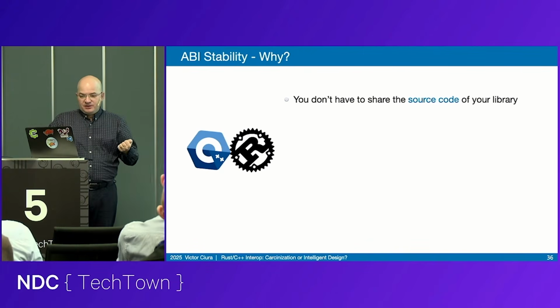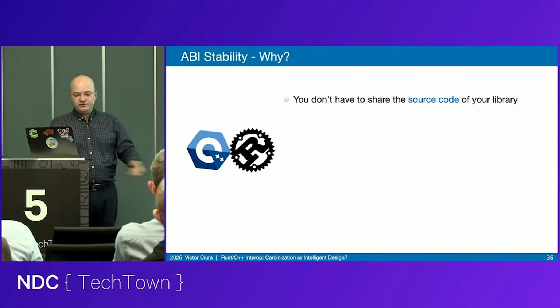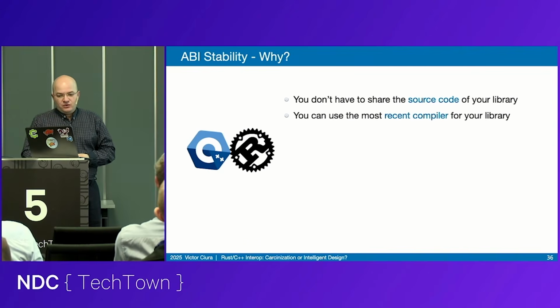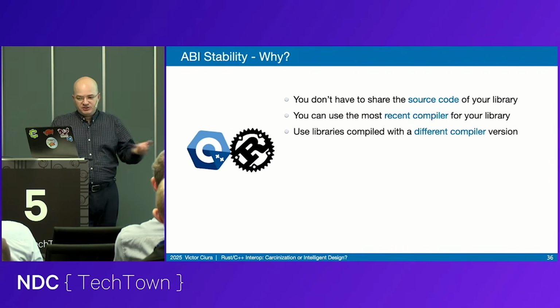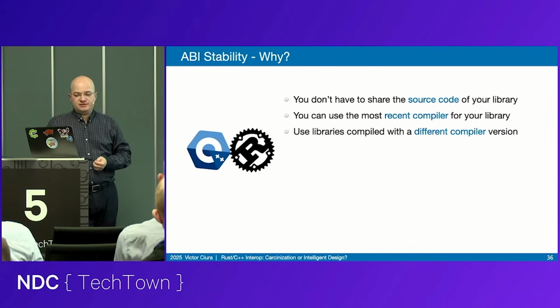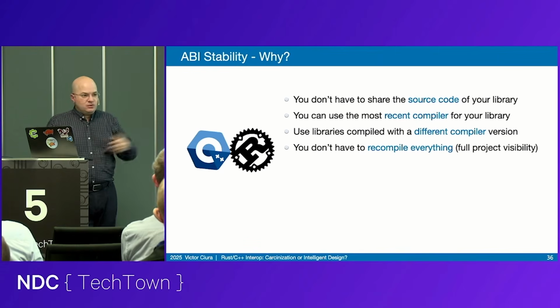So for example, when you don't want to share the source code of your library, I know, who would think? Or you cannot use the most recent compiler for your library, or you want to mix and match different compiler versions to build different parts of your system. Yes, people do that. When you don't want to recompile the whole world.